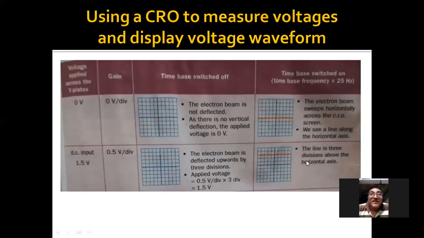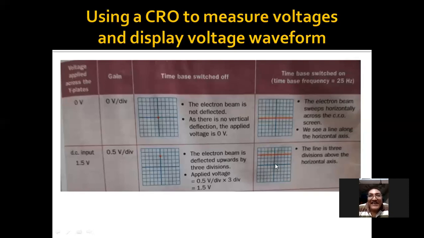If you switch on the time base, this dot will move left to right, left to right. On the screen, you will get a perception of a straight horizontal line, which will be 3 divisions above the x-axis, because DC current or DC voltage is always represented with a straight horizontal line.